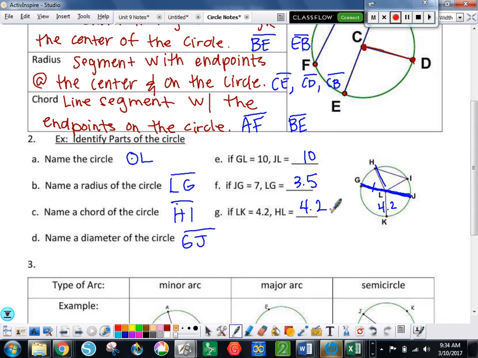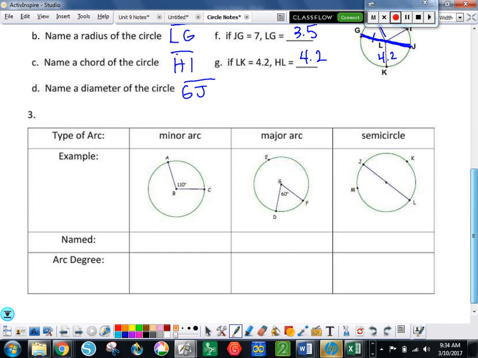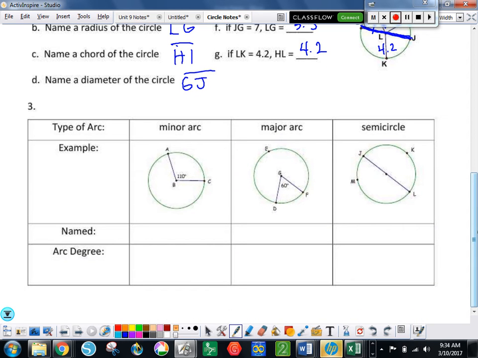Okay, so now let's start talking about what an arc is. There are 3 different kinds of arc. There's a minor arc, a major arc, and a semicircle. Before we talk about what an arc is, it's just a piece of the circumference, or part of the circle. An arc is a portion of the circle.